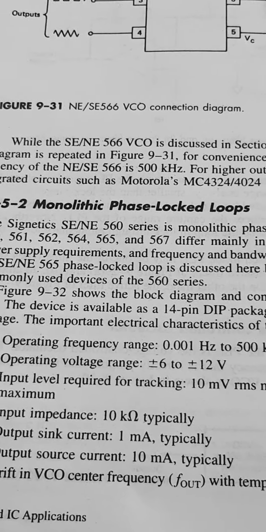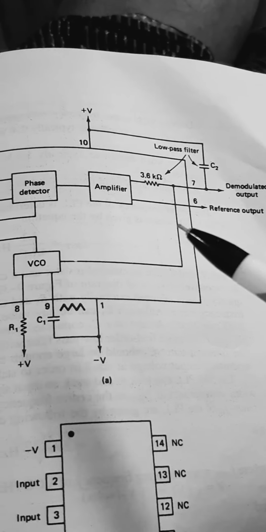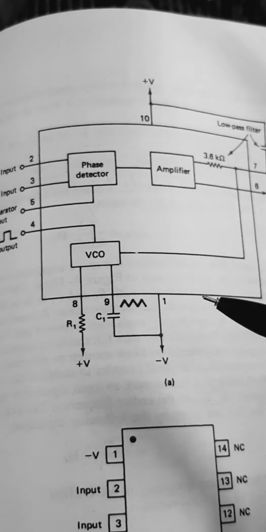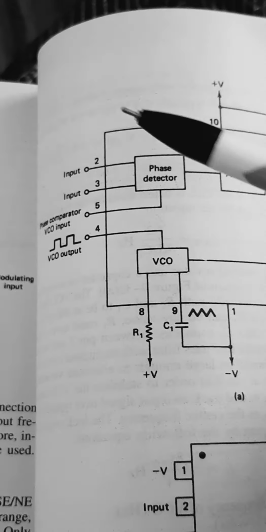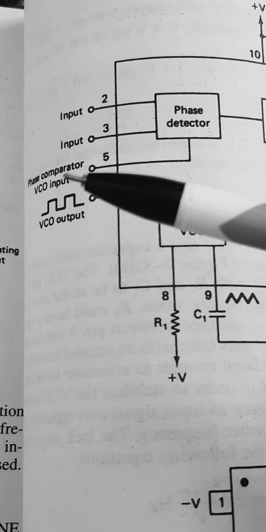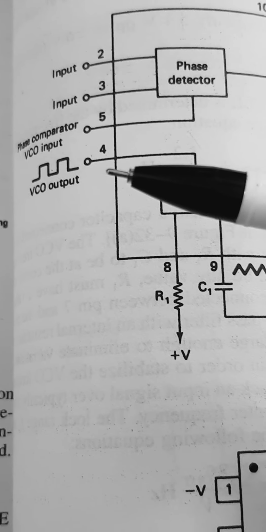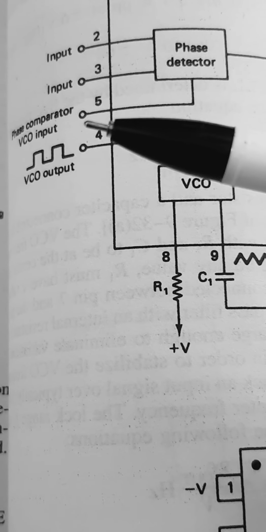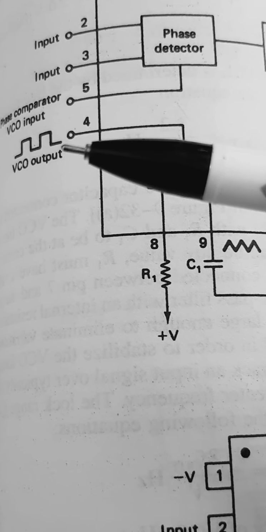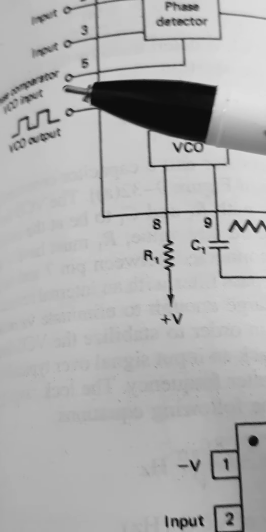And you can see the block diagram and the pin configuration of the SC bar NE 565. Here is the input, here you can see the phase comparator, and that is the VCO input.